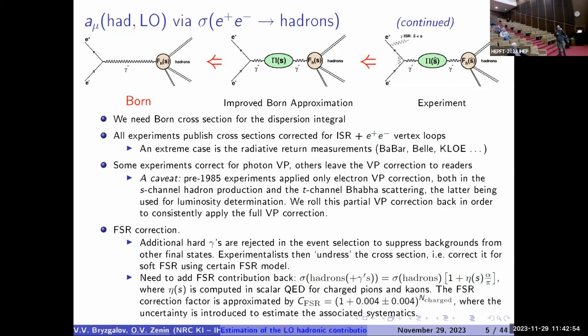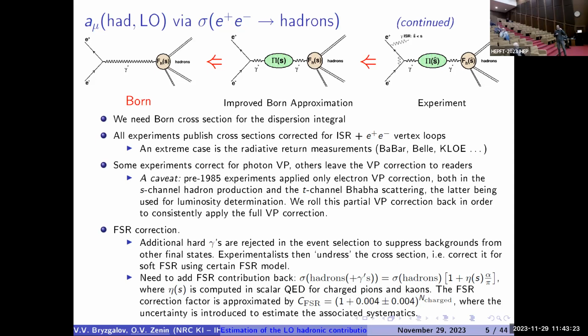To suppress ISR contribution, experimentalists usually apply an explicit veto on additional photons in the final state, but doing this, they also partially strip off final state radiation, which should contribute to the total Born cross-section.